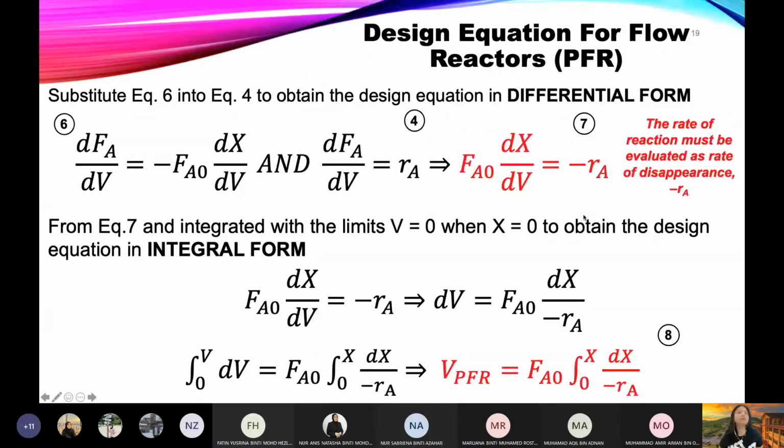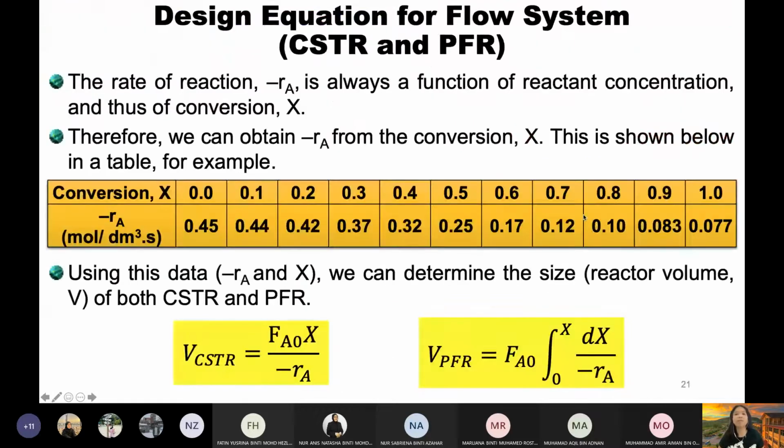Before I forget, let me recap what we have done last week. Last week we did a lot of chapter 2 already. First, we learned how to derive the design equation for the reactors. So you derived the design equation for batch reactor, for CSTR, and for PFR.